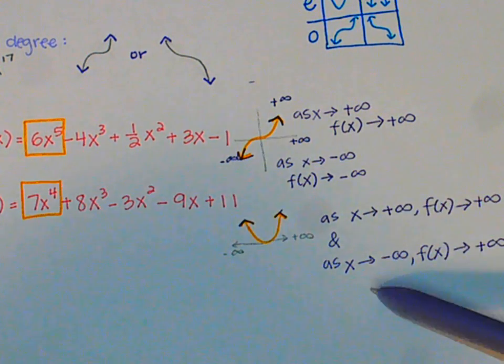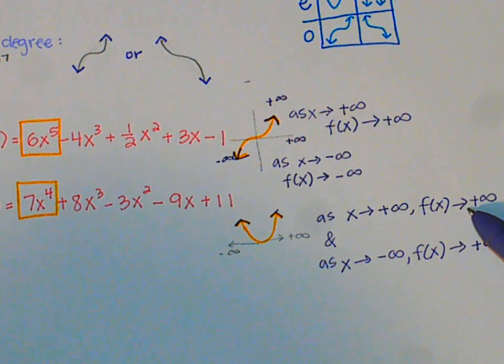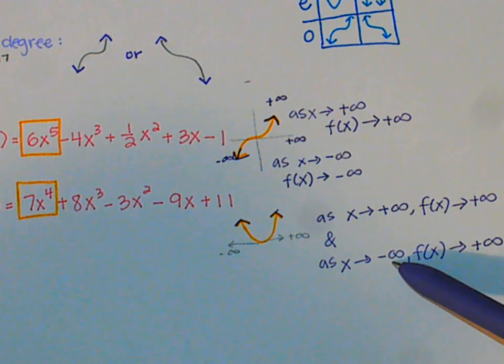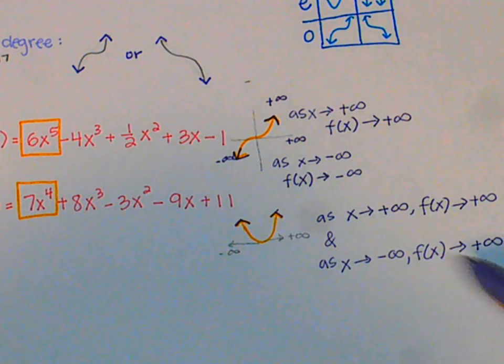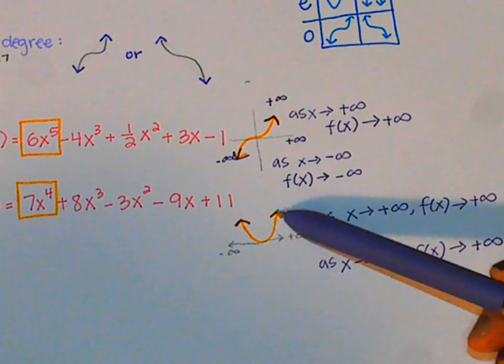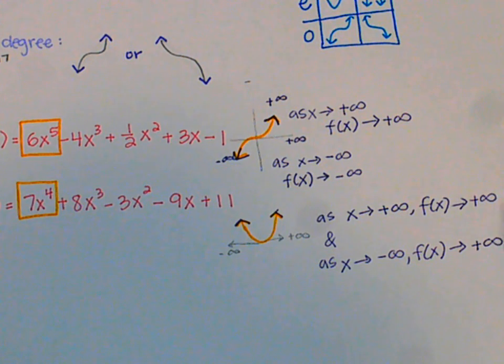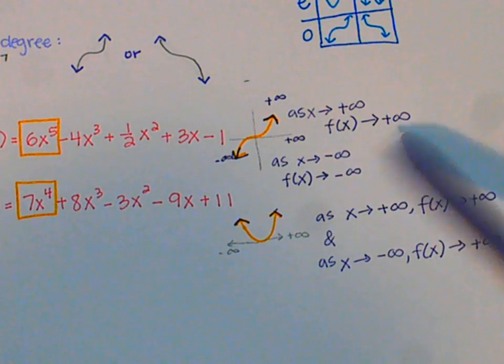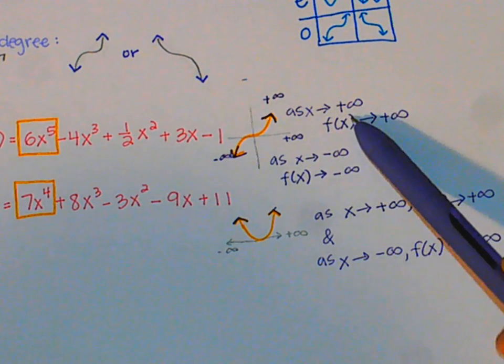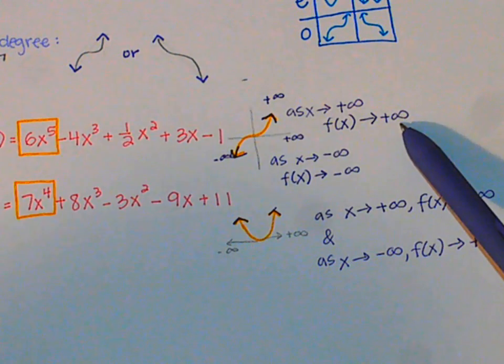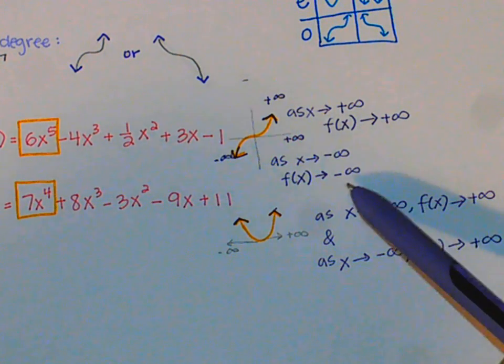But in this one, it still goes positive to positive, but as we go to the left, towards negative infinity, my graph is still staying at positive. That means that my arrows are always going towards positive infinity, whereas this one on the right, because that's a positive, it's going to go up, and on the left, it's going to go down.